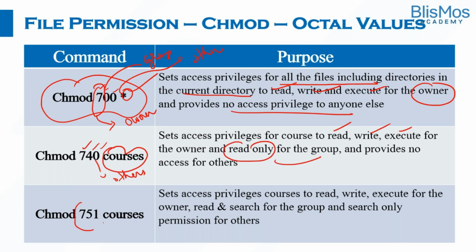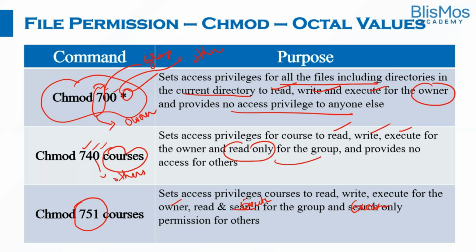And if you look at 751, it sets access privileges for courses to read, write, and execute for the owner, read and execute for the group, and only execute for the others.